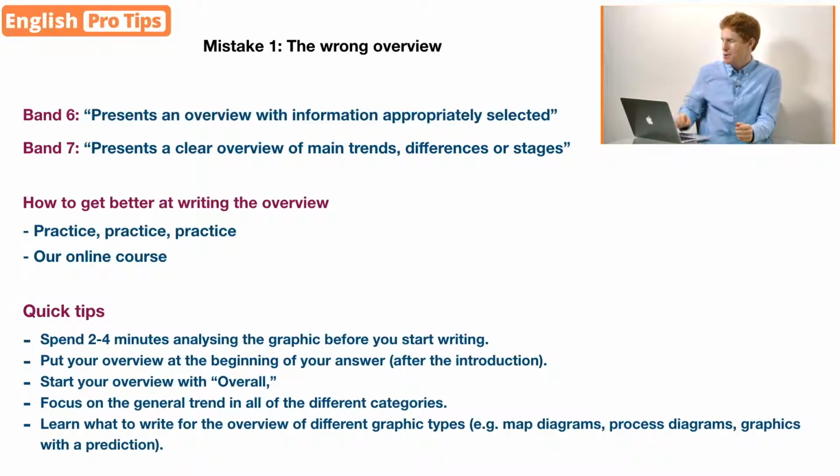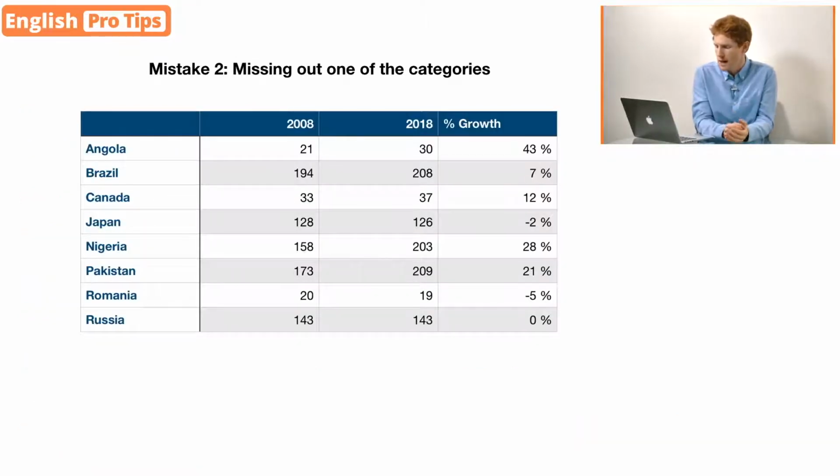So when you get one of these process diagrams, what are you going to do for your overview? Similarly, if you have a prediction, you need to make sure that you're mentioning this in your overview. So it's important that you practice all of the different graphic types before you go to do your IELTS writing test.